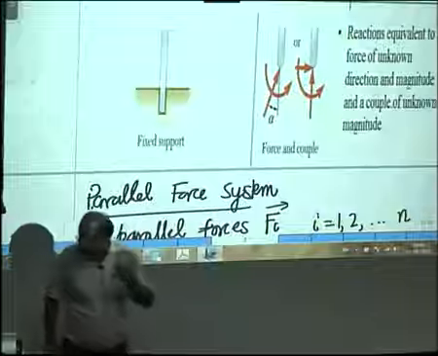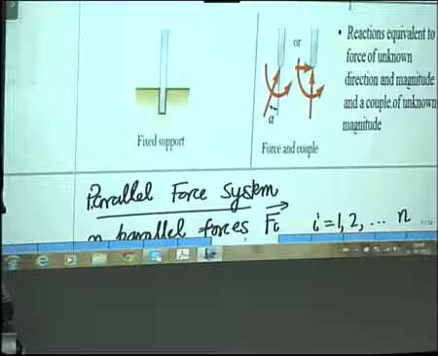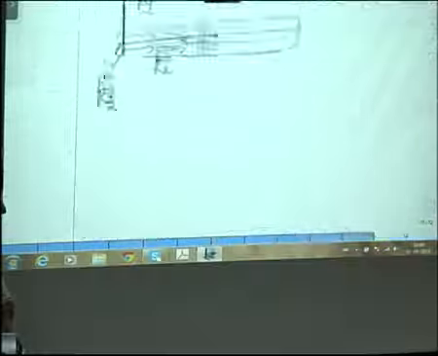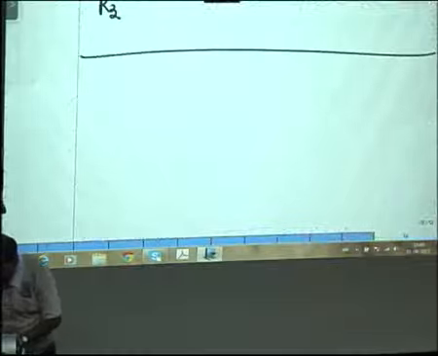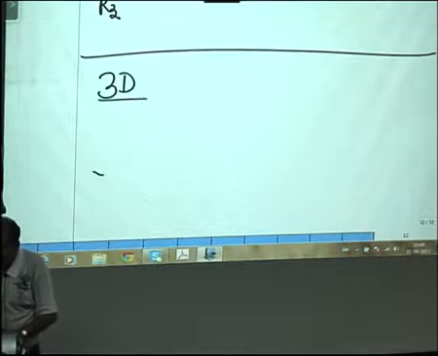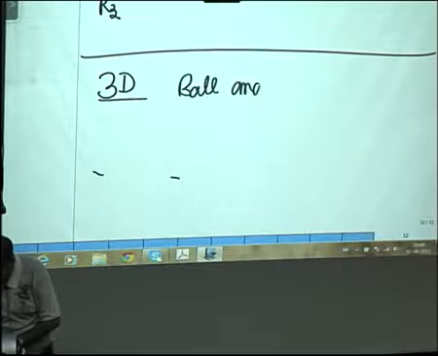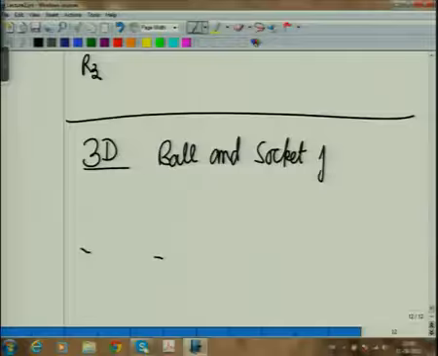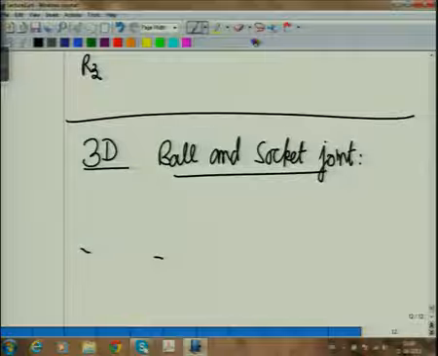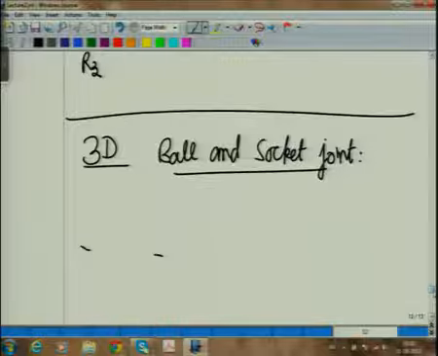So here the reaction will be a force and a couple. Okay. Now, when we look at three-dimensional equivalents, there's only one more thing which comes. So we have seen these 2D cases. In the case of three dimensions, we have something which is called a ball and socket joint. What do we have here? Obviously this ball and socket joint is important from a biological perspective also.